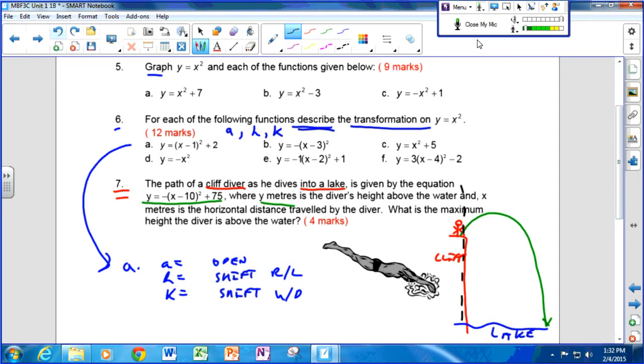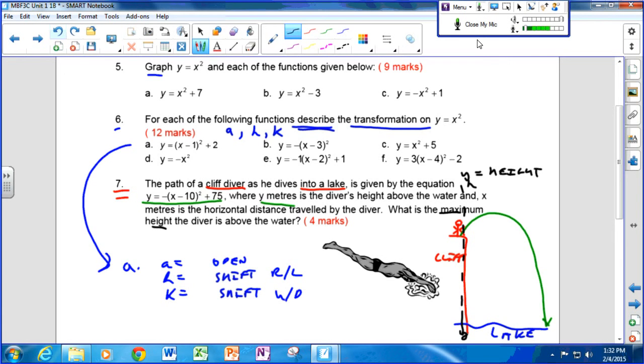I'd actually have to work that out. Oh, now I know where the x-axis is. Anyway, y is equal to his height. But what we want to know is what is his maximum height above the water?